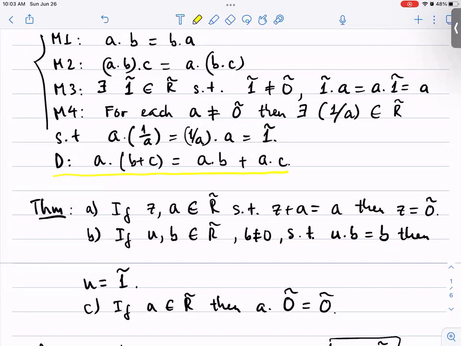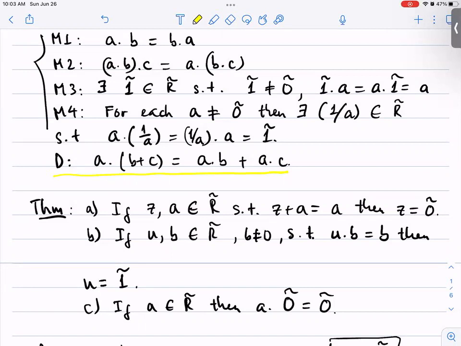It says that A multiplies with the summation of B plus C is equal to A multiplied with B plus A multiplied with C. So these are the algebraic properties that govern the behavior of real numbers.